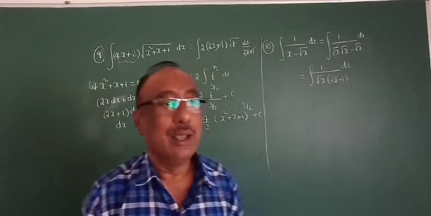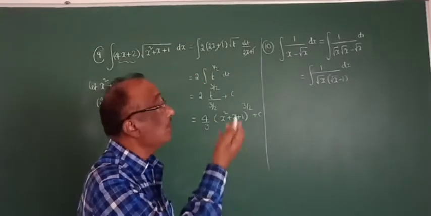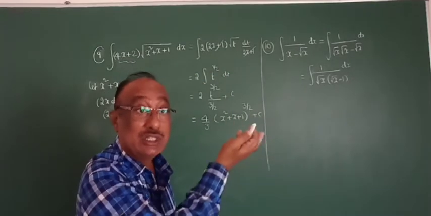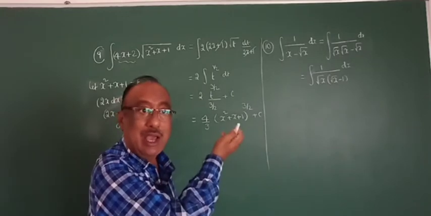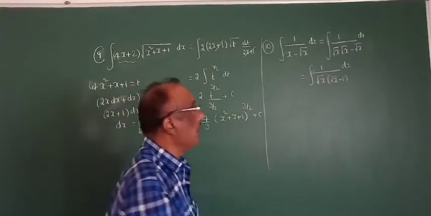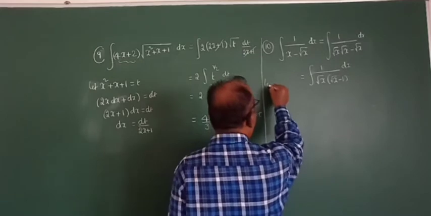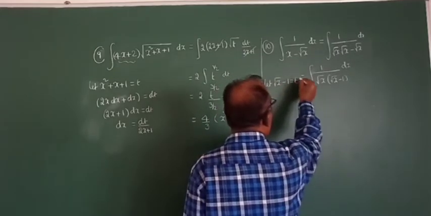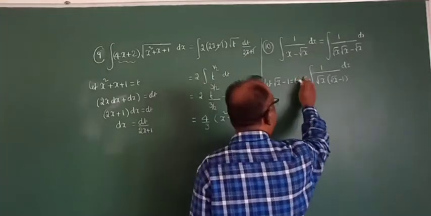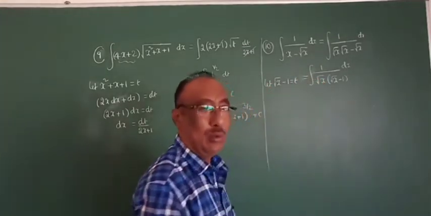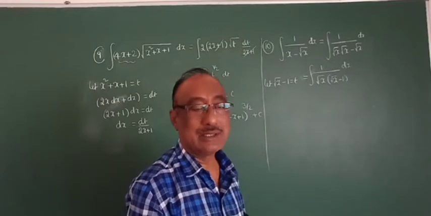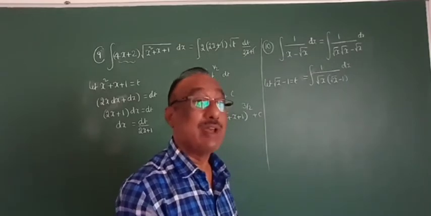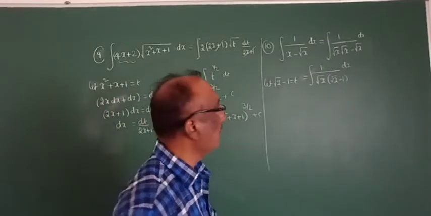Is it clear? Now root x minus 1, let it be t. Its derivative has 1 by 2 root x. Very simple. Why, sir? I take only root x as common, and only let it be t. The constant doesn't matter, since a constant's derivative is 0, so we can include the constant.